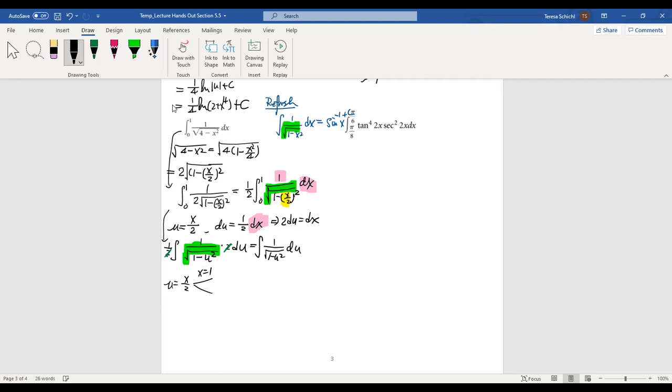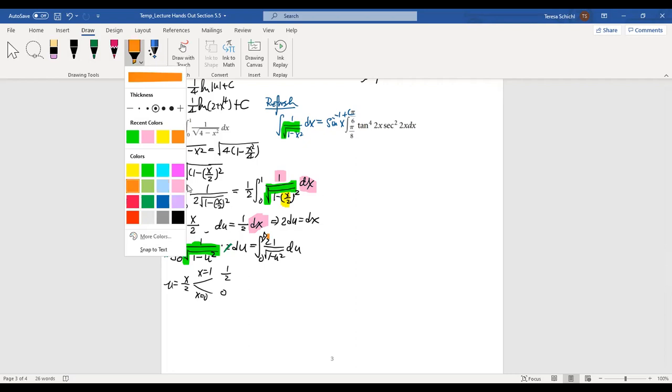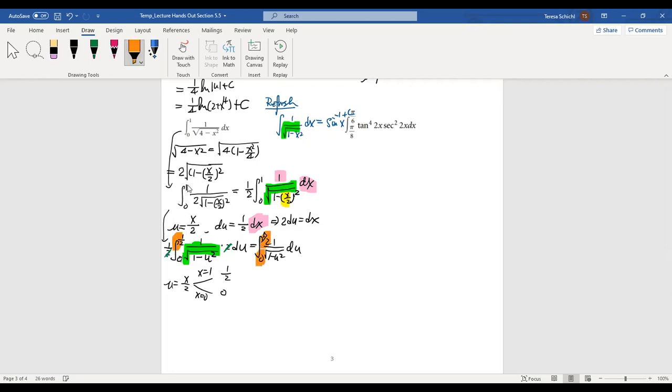When x equals 1, then what is u? U's bound becomes 1/2. When x equals 0, u becomes 0, right? So now my new bound here is 0 to 1/2. Correct? All right. So be careful about this new bound that we talk about, because I have this transformation, I need to have this new bound.